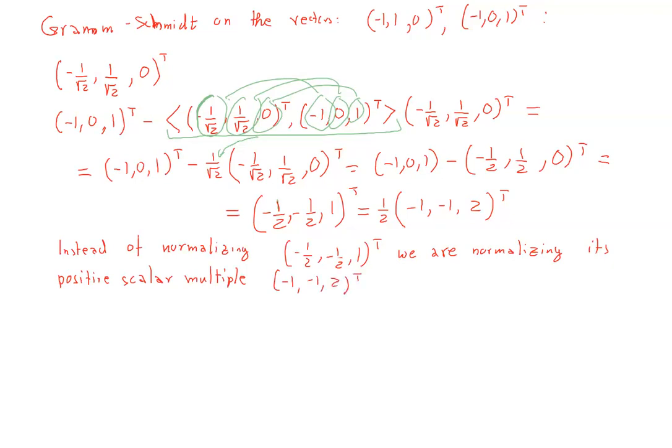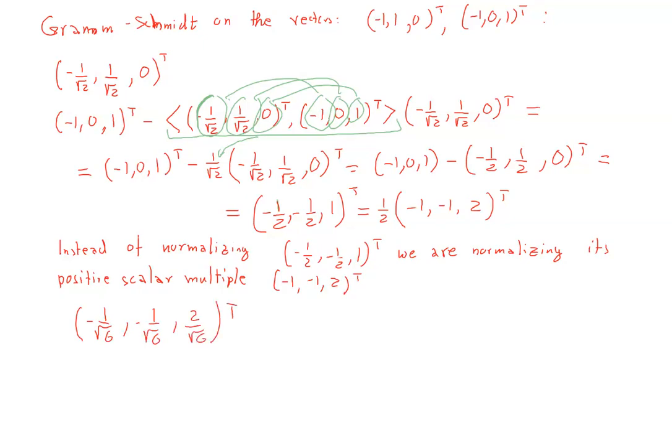The magnitude of this is square root of 6. And so it's going to be -1 over square root of 6, -1 over square root of 6, 2 over square root of 6. And finally, that's it.